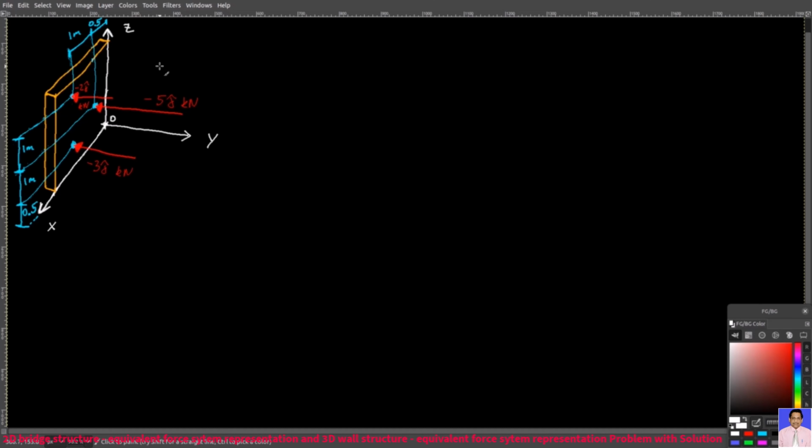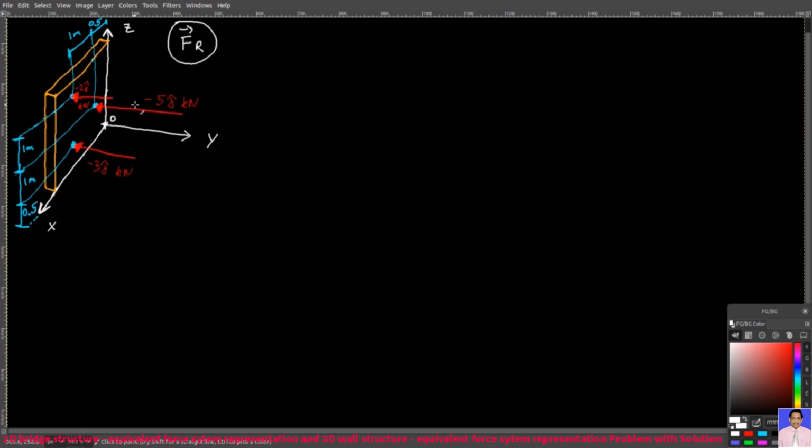So just like in the previous problem, you have to calculate a resultant force and place it in the right place on the xz plane so that it would become equivalent to this system here. So good luck, try it out by yourself first, and then see the solutions in the next video.